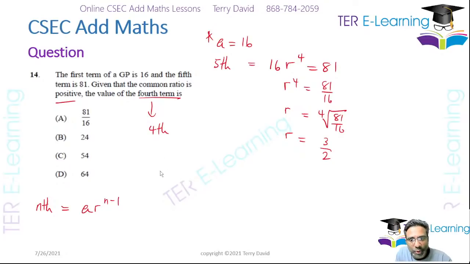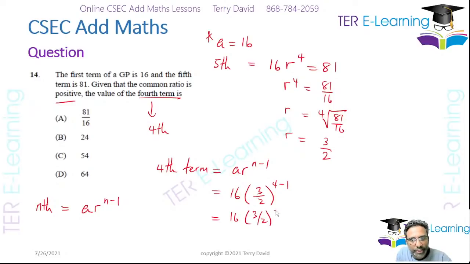So you know what R is, you know what A is. So if you want to find the fourth term, the formula is AR to the n minus 1. This formula is given to you in the exam, by the way. So this is 16 multiplied by my common ratio, which is 3 over 2, raised to the power 4 minus 1. So therefore, that's 16 by 3 over 2 cubed.